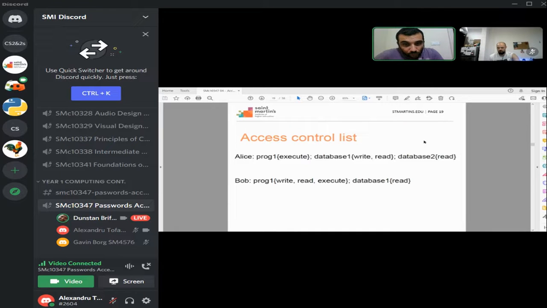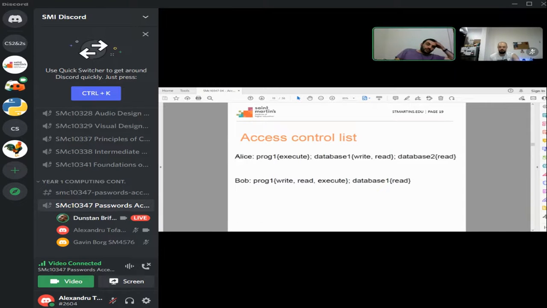One way of representing who can do what is through an access control list. A list is nothing more than literally writing down, as you can see over there, what permissions each one has. Once you look at it, it's quite easy to follow.